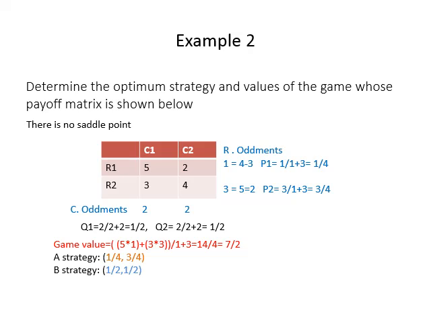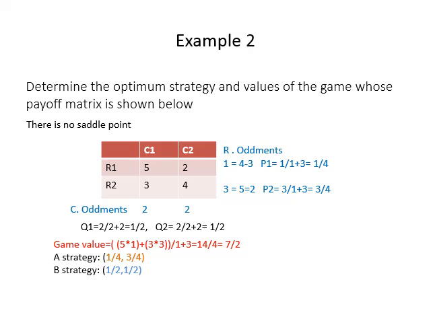Oddments R2 equal the difference between the values of R1, equal 3, or 5 minus 2, equal 3. P1 equal 1 over 1 plus 3. 1 is the oddment, 1 plus 3 is the summation of the 2 oddments, equal 1 over 4, a quarter.